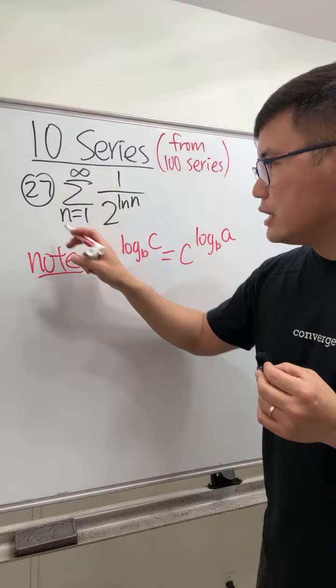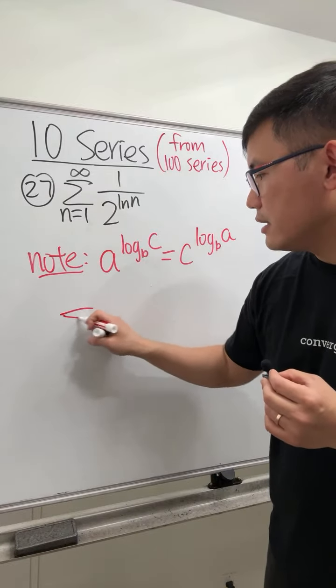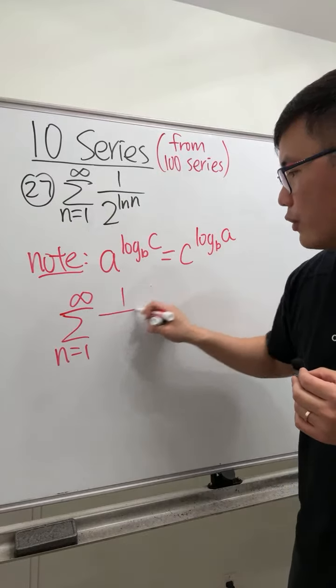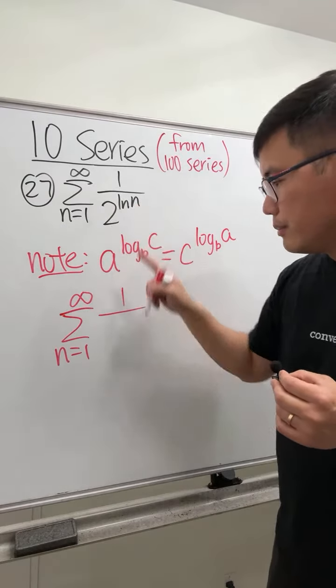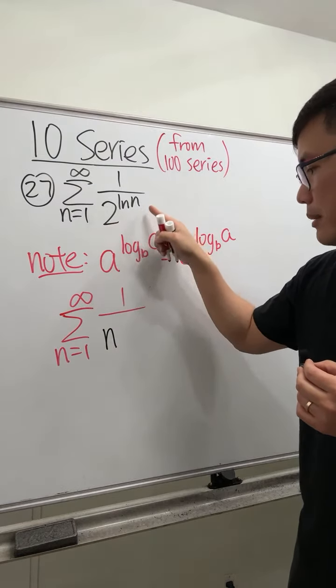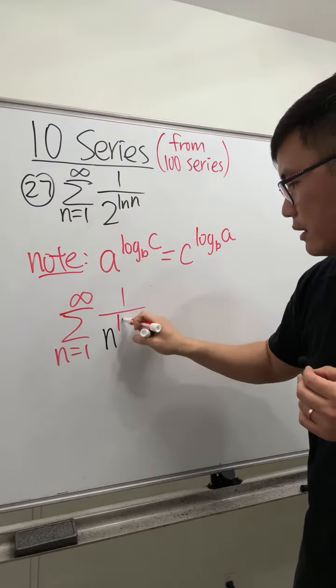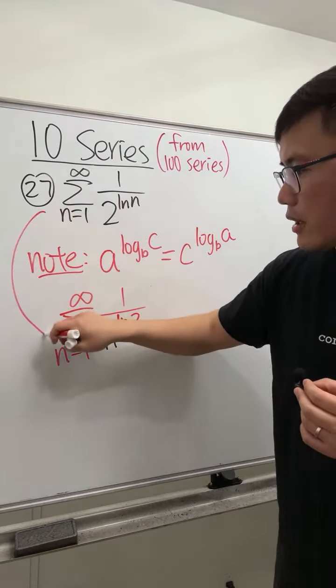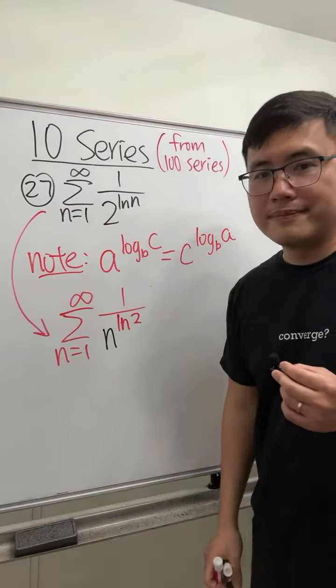So this series is the same as the series as n goes from 1 to infinity of 1 over n to the power ln 2, like that. This and that are the same, thanks to this property.